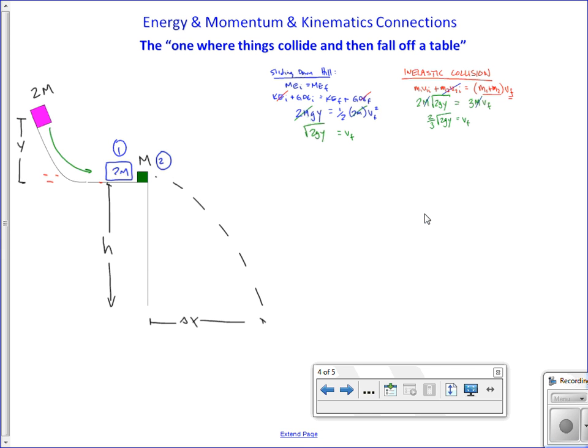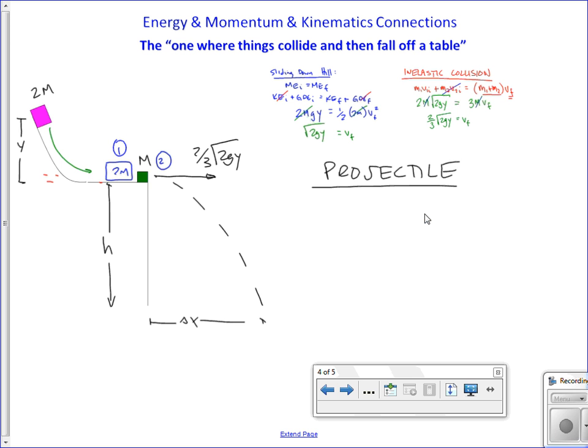So now we go to the projectile thing. All right? It leaves this edge with a speed of 2/3 radical 2gy.